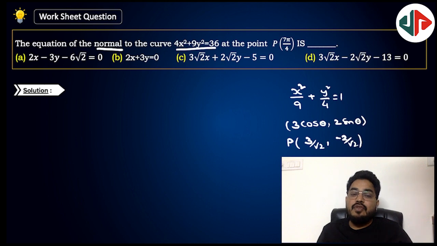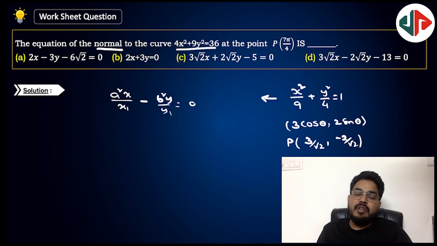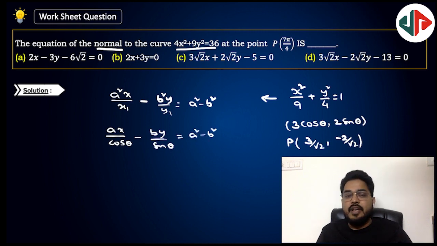If you know the conic section part, directly the equation of the normal is a square x by x1 minus b square y by y1 is equal to a square minus b square. You also have the property that ax by cos theta minus by by sin theta is equal to a square minus b square. Or at this point, you can differentiate and find the normal equation, fine.